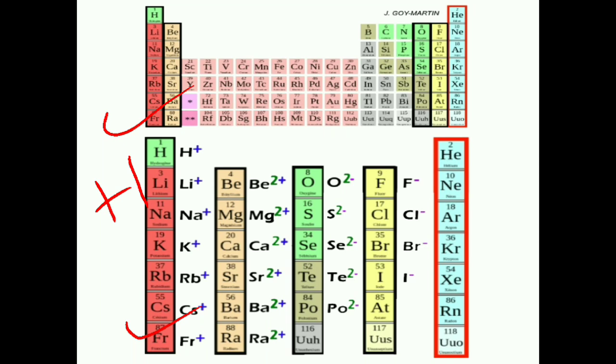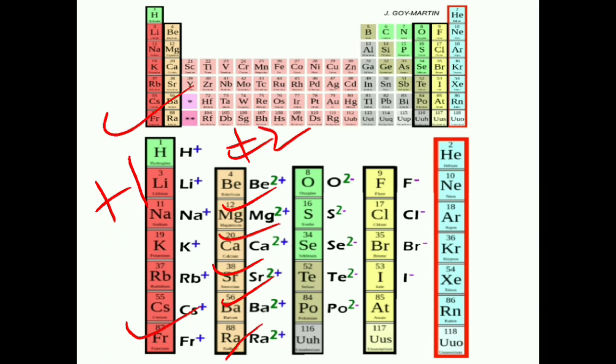Similarly, we have the second group of the periodic table. We call them alkaline earth metals, which comprises beryllium, magnesium, calcium, strontium, barium, radium. They have a tendency to lose two electrons, so these all form plus two ions.